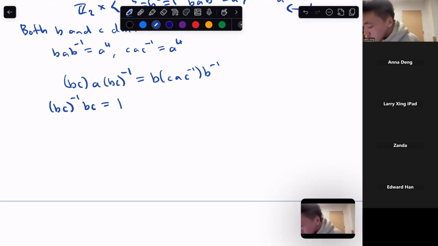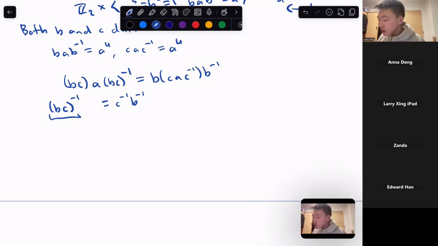So if we wanted to figure out what this inverse actually is, we would first right multiply by C to the negative 1 and then cancel, and then we right multiply by B to the negative 1. So you'll notice that in this case, inversion actually inverts the order in which you invert things.